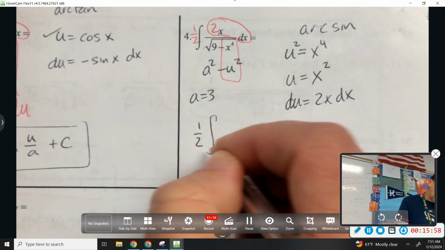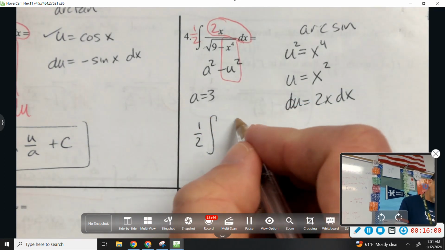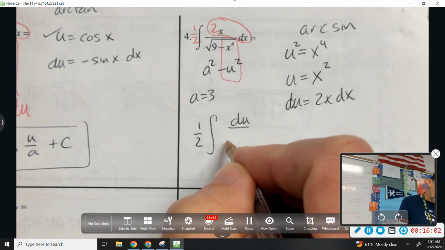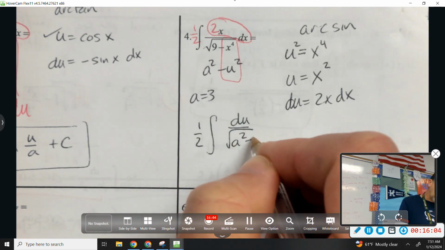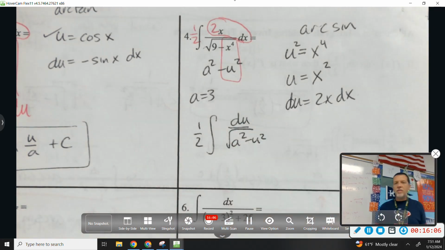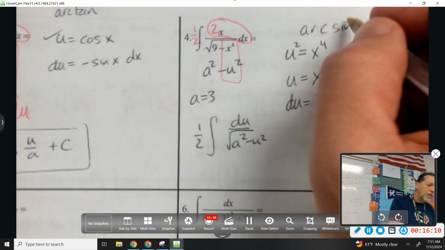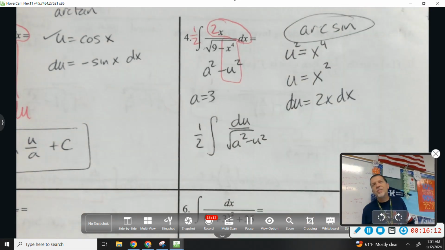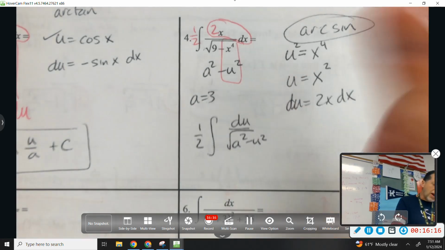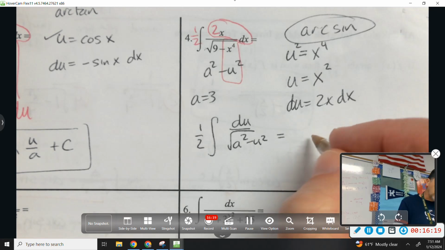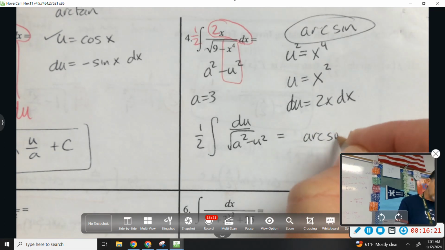So 1/2 antiderivative du over the square root of a squared minus u squared. That is definitely arcsine. These are tricky because you basically have to recognize at the outset where you're headed, then work out the details, and then come back to the fact that yes, this is an arcsine problem. So arcsine of u over a.